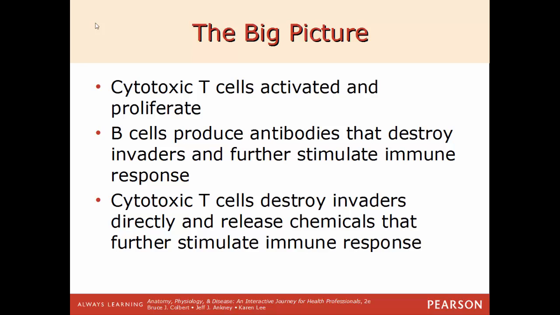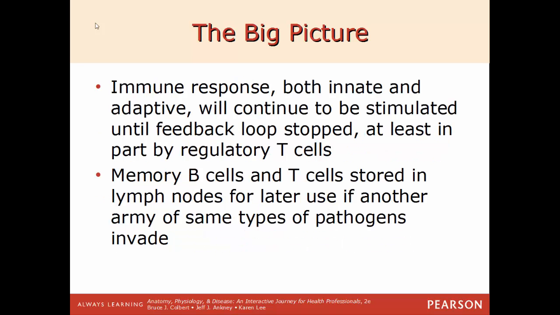These killer T cells will destroy these invaders directly in the cell-mediated response, and also release chemicals that will increase the immune response. Now, the immune response, whether it be both innate and adaptive, will continue to be stimulated until this feedback loop is turned off. And that's done by the regulatory T cells.